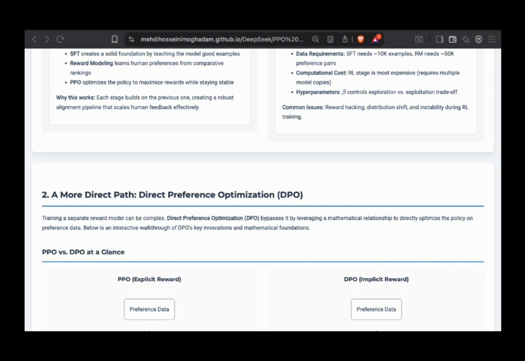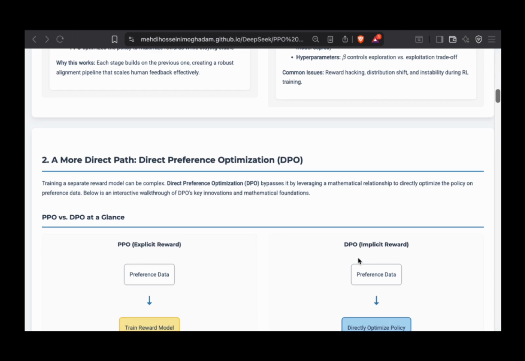So many of them would say, for example, A is better than B, but when we want to score them, one might say the score of A is 3, the other might say the score of A is 4, and so on and so forth. But comparison-wise, it is much easier for them to reach a common answer. So that's technically what Direct Preference Optimization, or DPO, is all about.